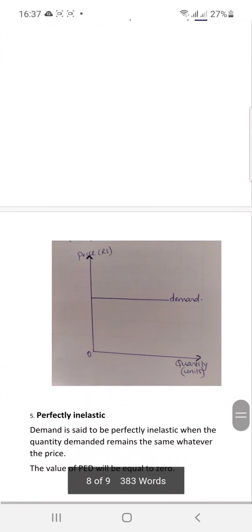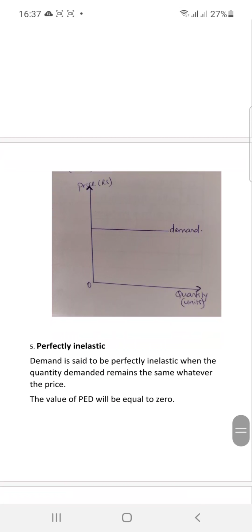If we take any number and divide by 0, it will give us infinity. So the value of our PED will be equal to infinity. And how do we illustrate it? The diagram for perfectly elastic demand will be a straight horizontal line, because the price is not going to change, only the quantity will change.